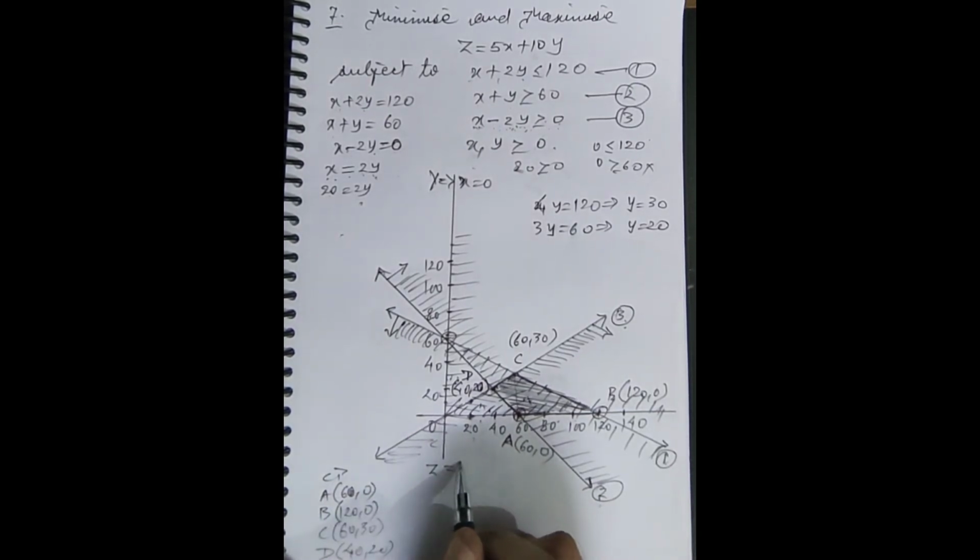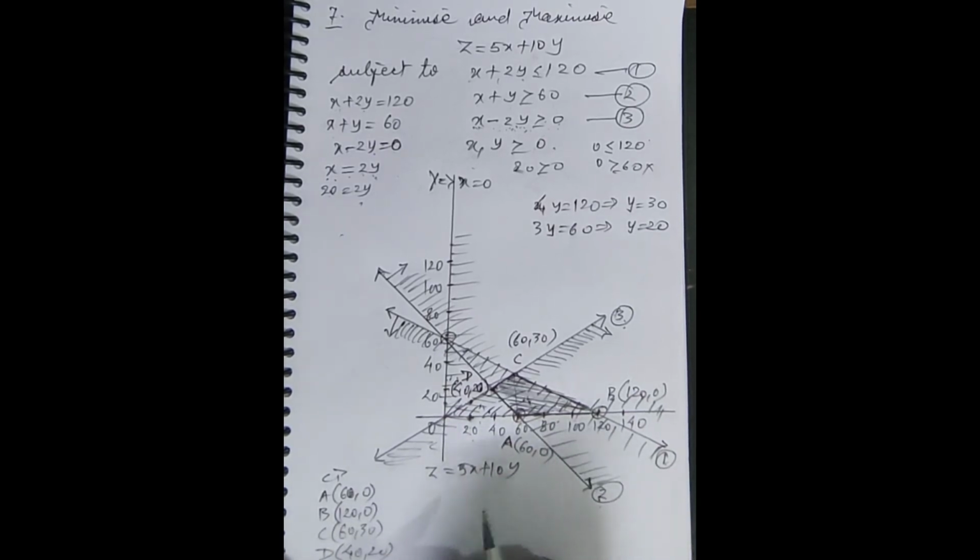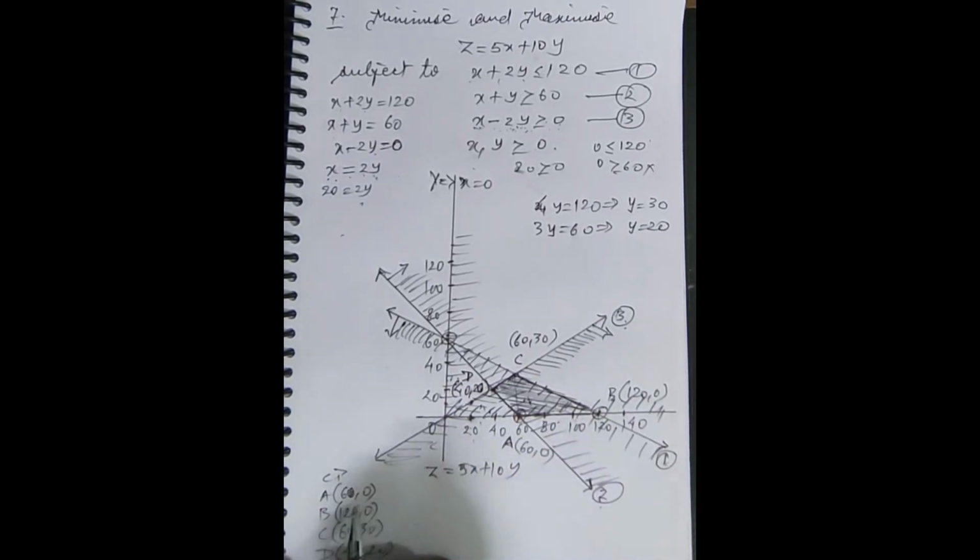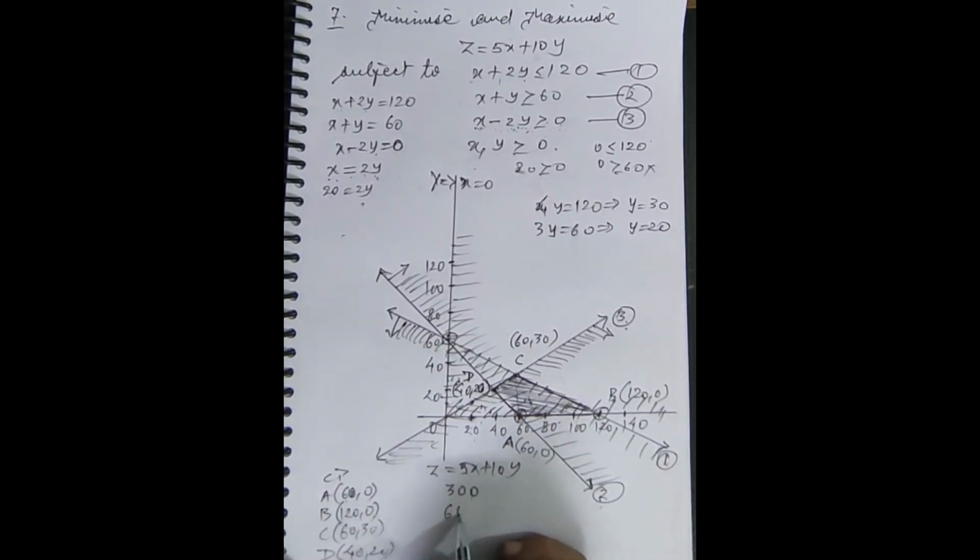For Z equal to 5x plus 10y, we need to check. So the second term will be 0 for sure. 60 into 5, this will become 300. 120 into 0, so the second term 0 again. 120 fives are 600. For (60, 30), 300 from the first term and 300, so this becomes 600 again.